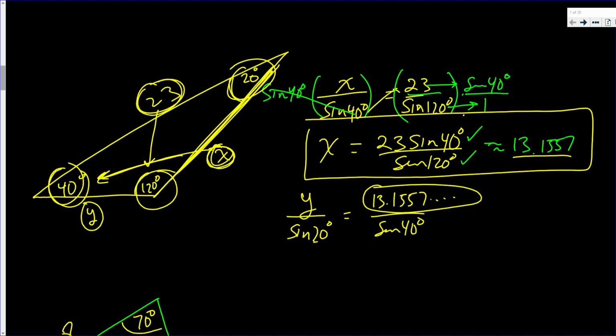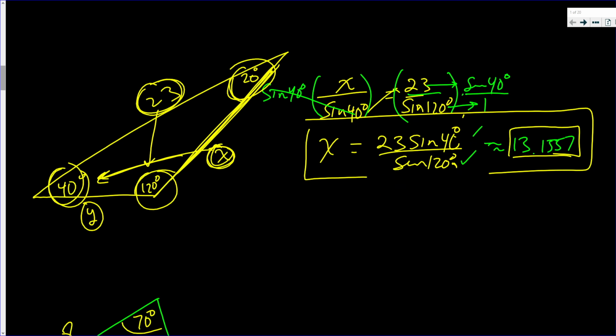Maybe our calculator was in radians. Maybe when you saw a degree here, you thought that was another 0, and you wrote sine of 400 degrees. People make mistakes. I know I surely do. Try not to use information that you calculated. Try not to. Sometimes you don't have a choice.